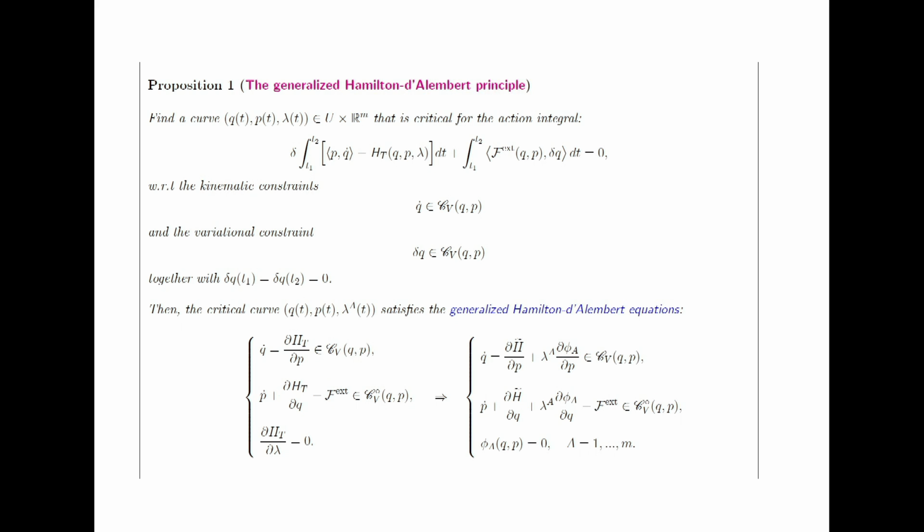We just switch into the total Hamiltonian, with a variational constraint as well as the kinematic constraint. Then we get generalized Hamilton-D'Alembert equations. This is very similar to what Dirac did.